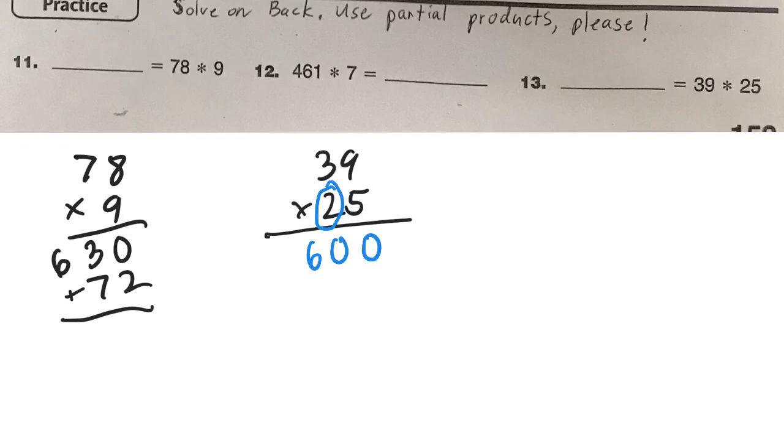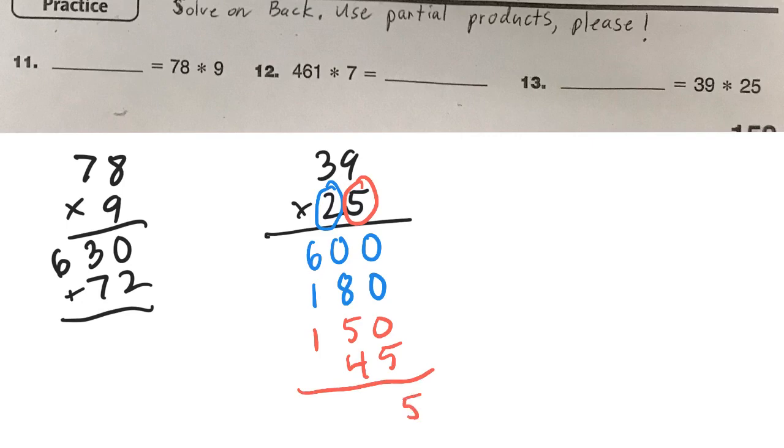And 20 times 9 is 180. And then I'll do the 5. 5 times 30 is 150. 5 times 9 is 45. And then I can add those up. And the answer is going to be 975.